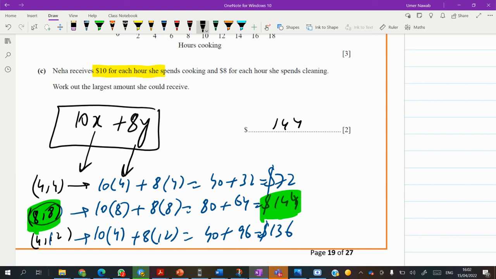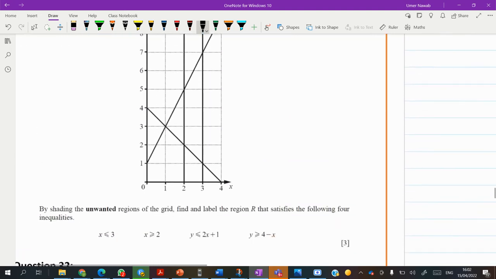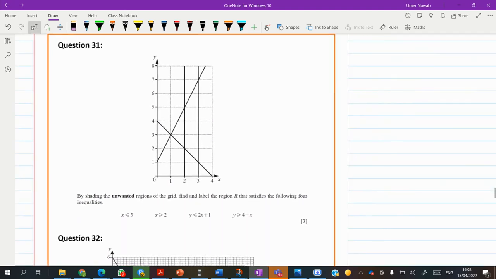So that's the question. Now, next, again, you guys can see he gave you 4 inequalities. So x less than or equal to 3. Where is x less than or equal to 3? This is the line x equal to 3, guys.